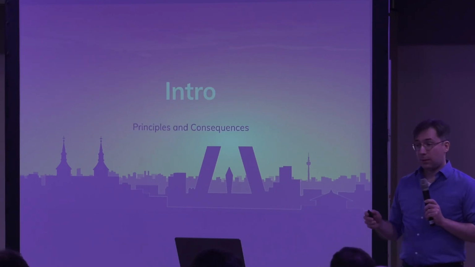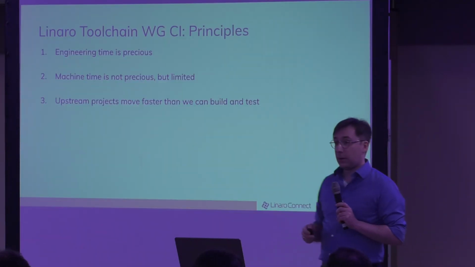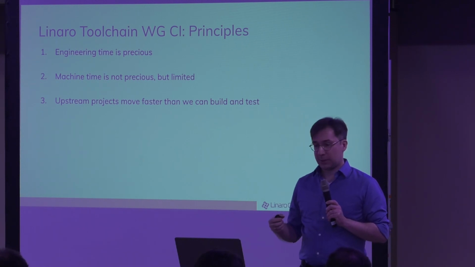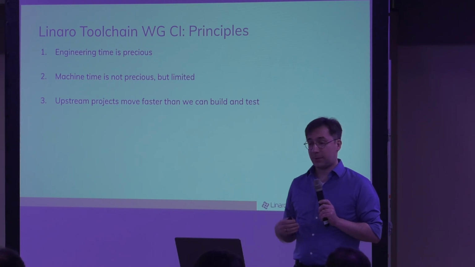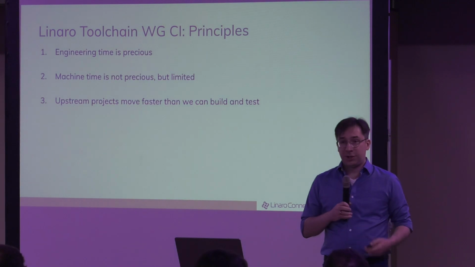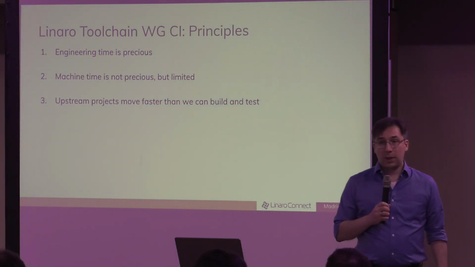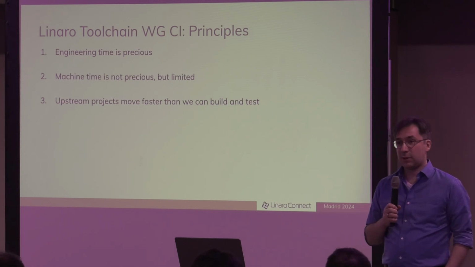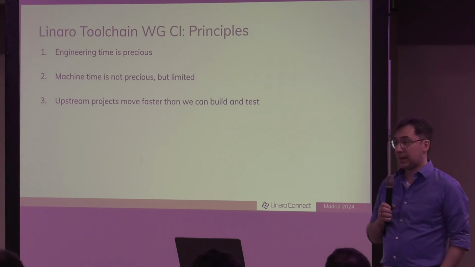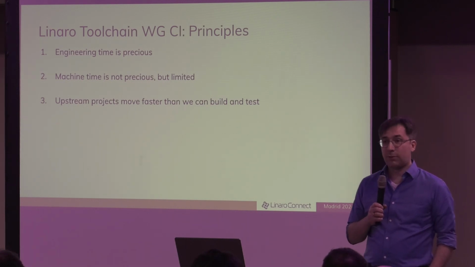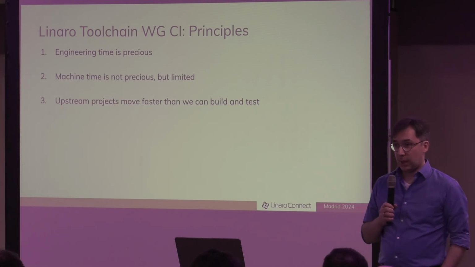So what are the principles of this CI, and what consequences flow from those principles? The main one is that engineering time is precious. We are building CI as a tool for maintainers of open source projects. That is its primary goal. And the engineering time of both maintainers and developers of open source projects is precious.